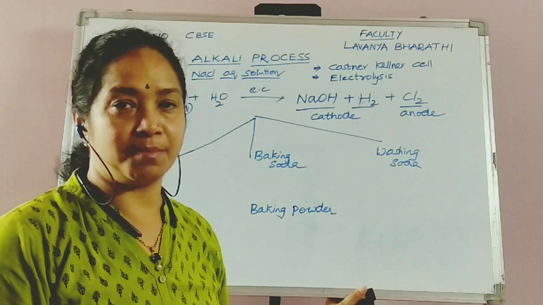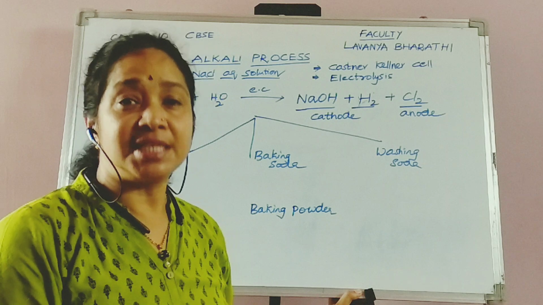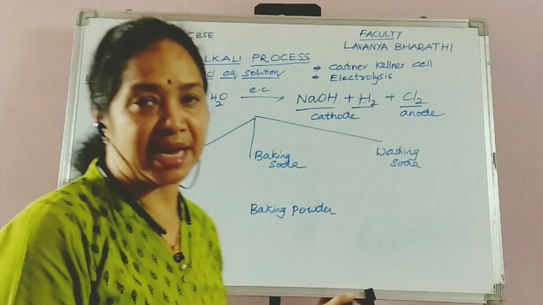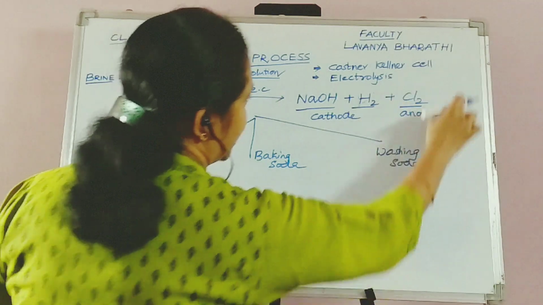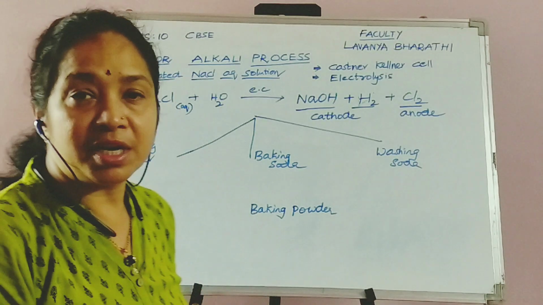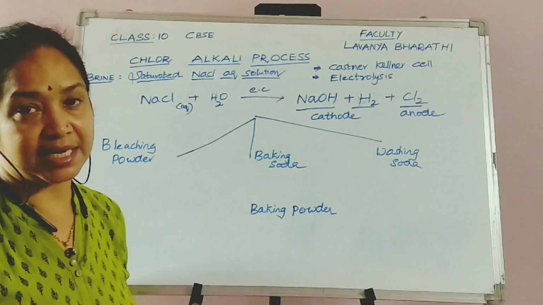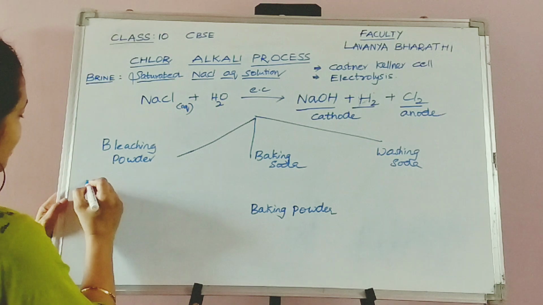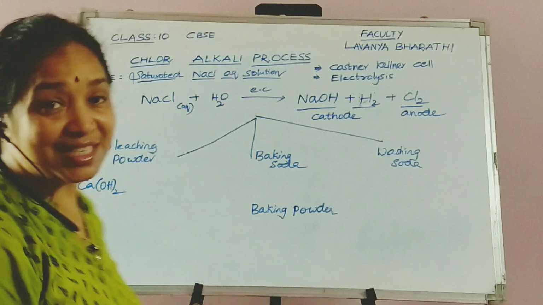What is this bleaching powder? The formula of bleaching powder is CaOCl2. Calcium oxychloride is the name of the bleaching powder. So here I am taking this chlorine gas, and this chlorine gas is pumped into dry slaked lime. Slaked lime is calcium hydroxide, Ca(OH)2.